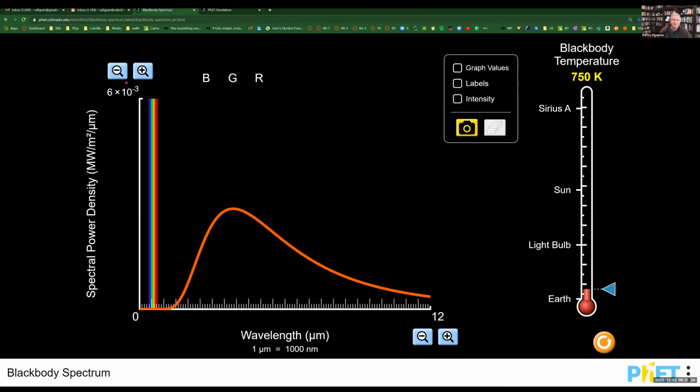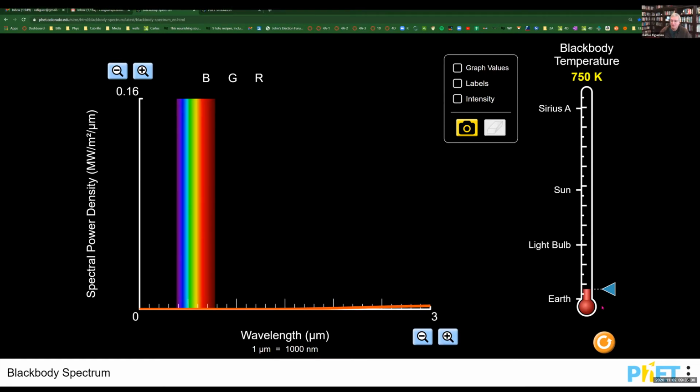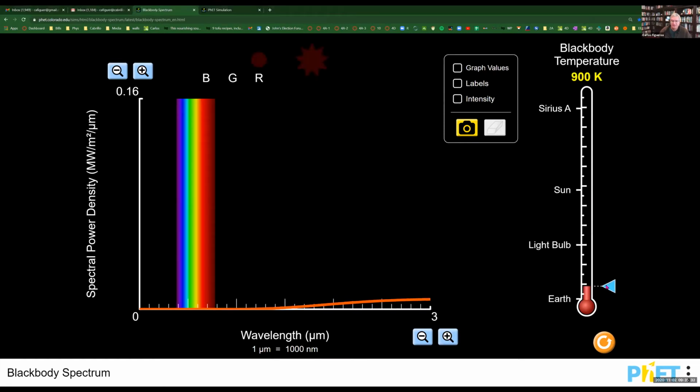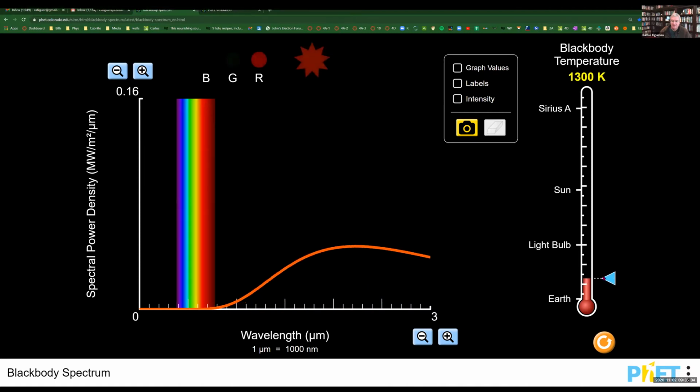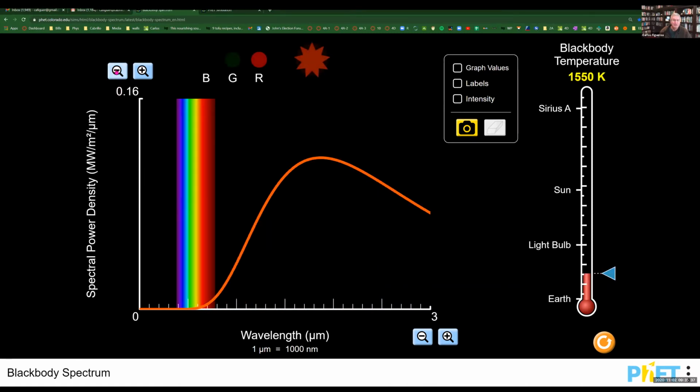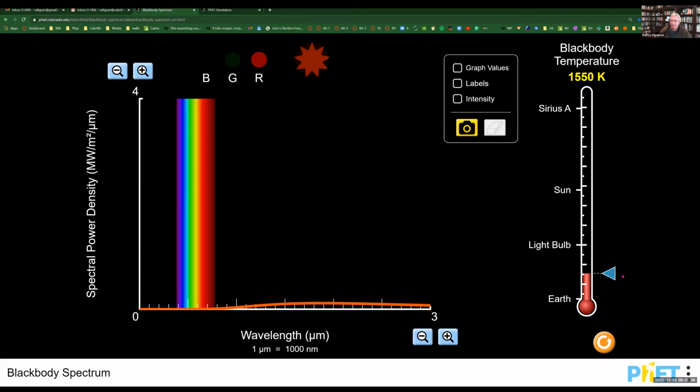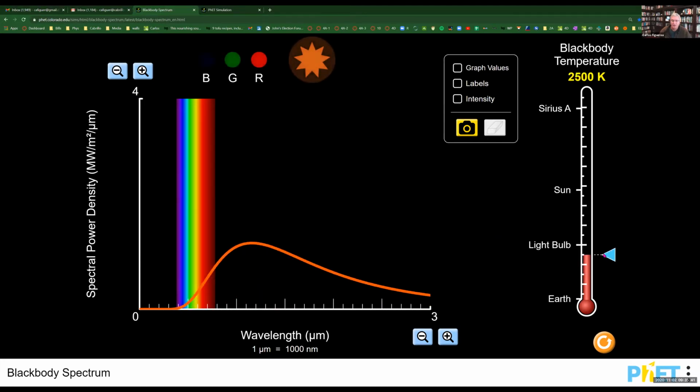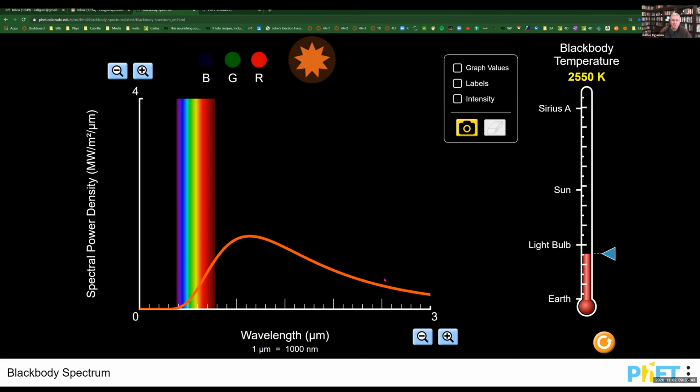But now I have to play this game of reducing the scales. If I reduce the scales, as I heat these things up in temperature, you're finding that the curve is moving from the infrared towards the visible. We're talking about the peak.